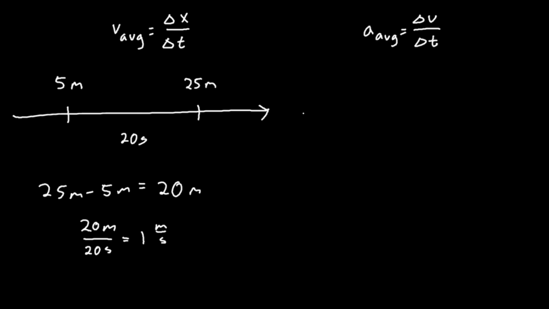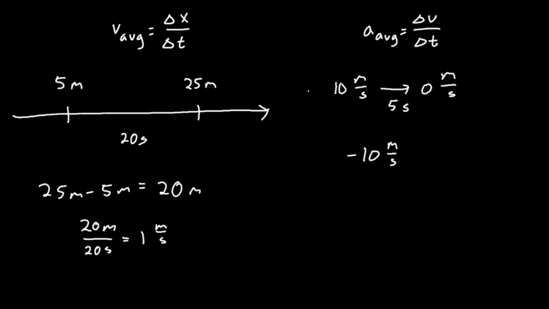Okay, let's do a quick problem with the acceleration. Let's say you went from 10 meters per second to 0 meters per second in 5 seconds. Try to solve for this. So your change in velocity is negative 10 meters per second.